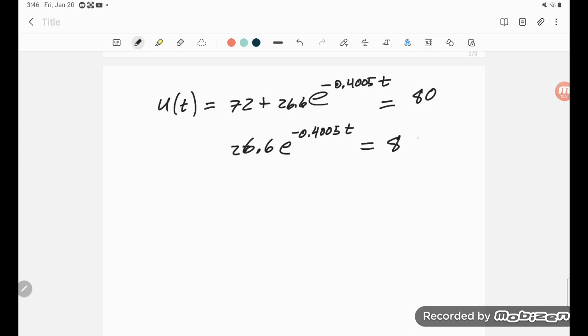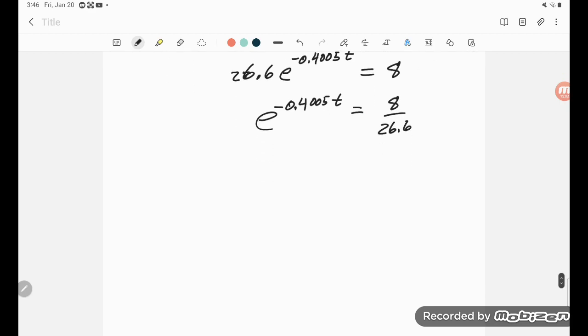And so e to the negative 0.4005 t is equal to 8 over 26.6, and so negative 0.4005 t is equal to the logarithm of 8 over 26.6.